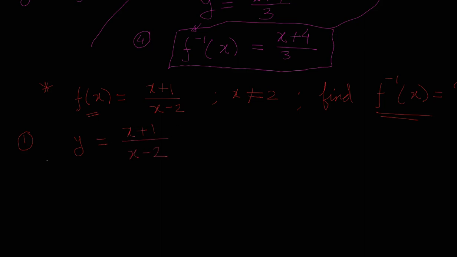And the second step is to interchange x and y. Every place I have y, I am going to write x, and every place where I have x, I'm going to write y. So this will be x equals (y plus 1) over (y minus 2).